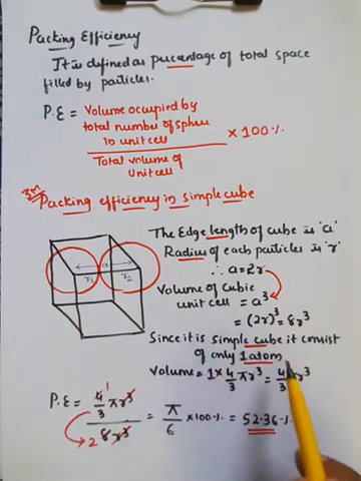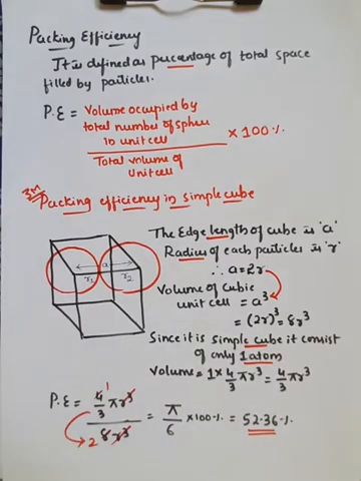Further, since it is a simple cube, we have calculated the number of atoms in the simple cube: a simple cube consists of only one atom, right? So the volume occupied by the atoms is given in terms of 4 by 3 pi r cube. Since it consists of only one atom, we take it as 1 into 4 by 3 pi r cube.